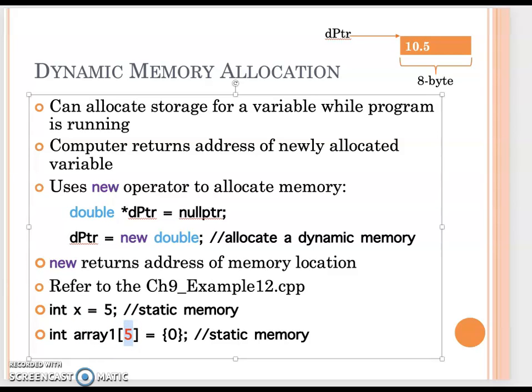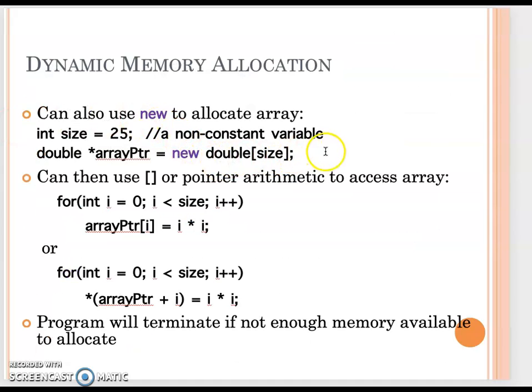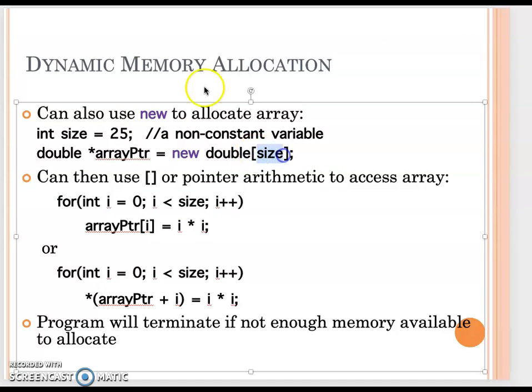But when you're using the new keyword to create the dynamic memory allocation, this size can be any variable. That means it can be a non-constant variable size. You can see I define int size equal to 25. I don't have the const keyword. So that's why you can have a non-constant variable to allocate the array size.